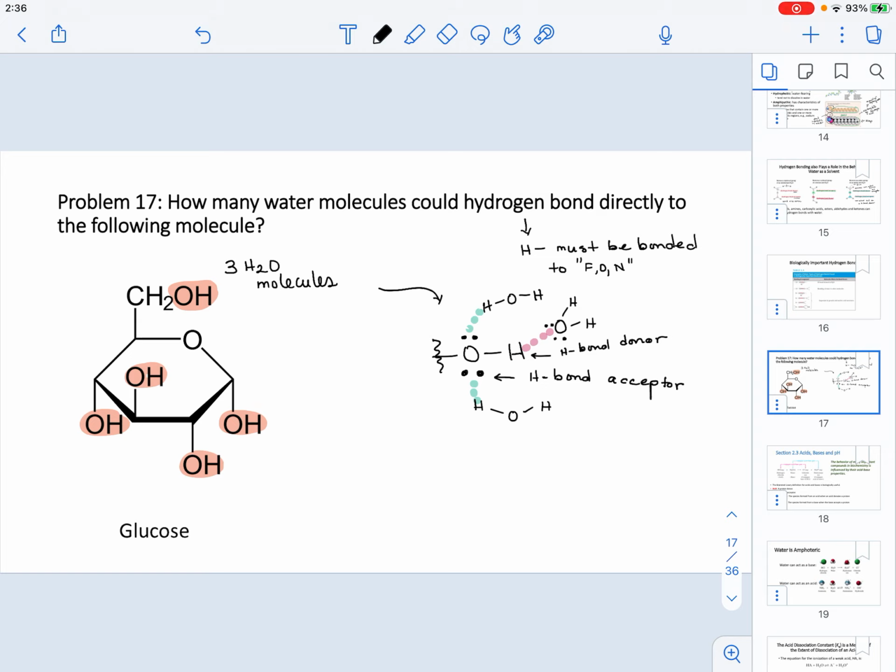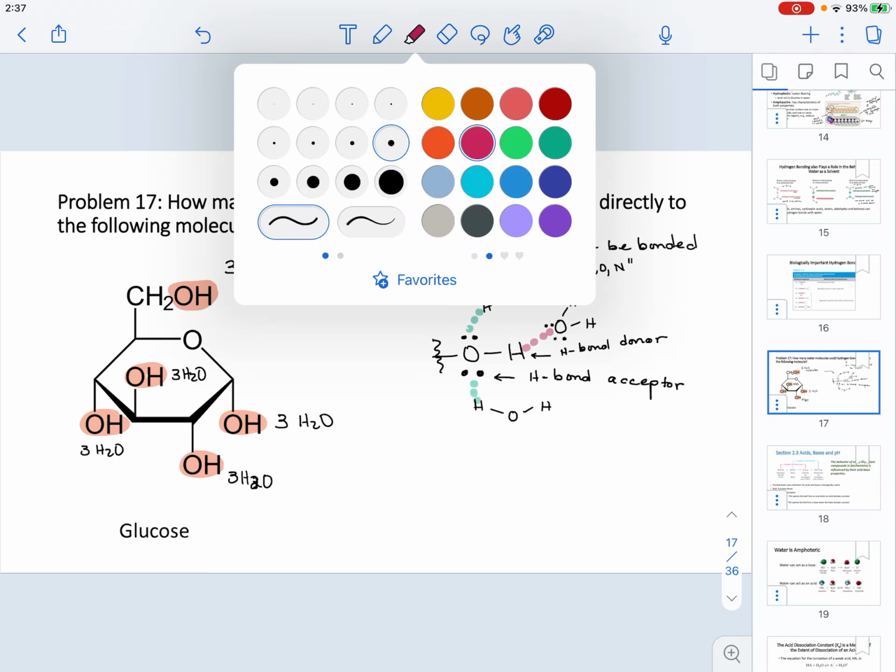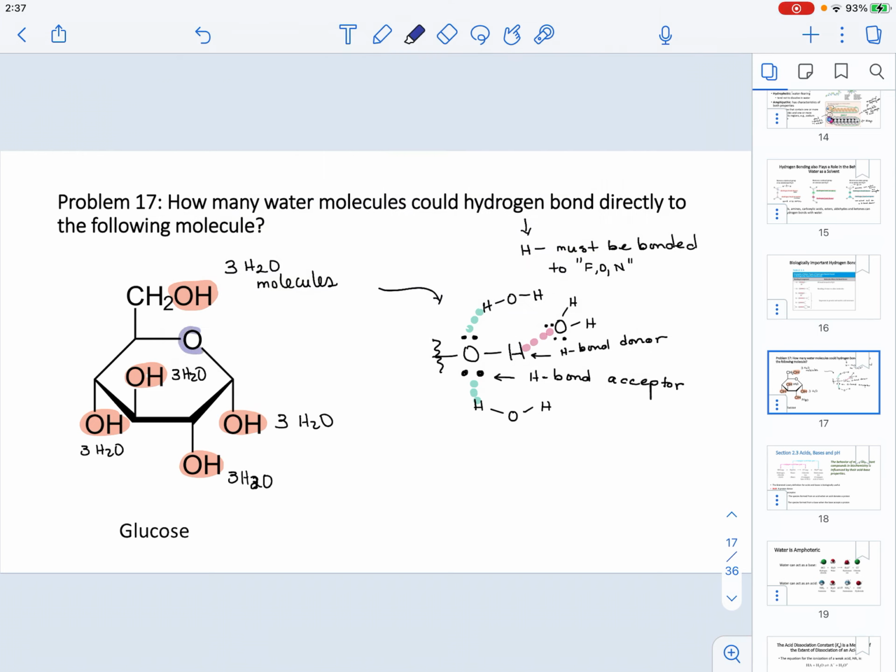Now, understand that so far we have three there, three there, three here, okay? So at first you will say, oh, they're 15. Well, specifically in this molecule, we also have an oxygen atom that has lone pairs.